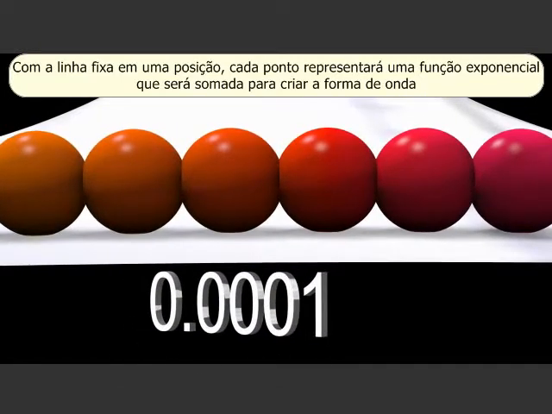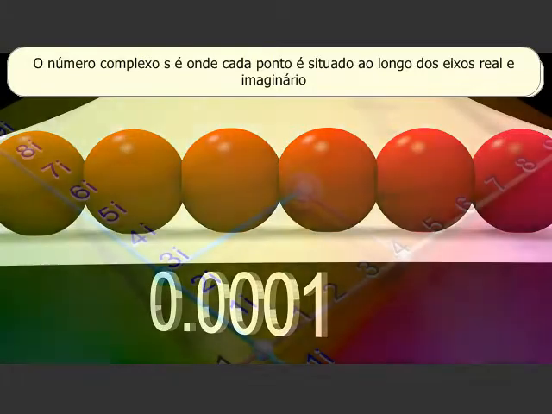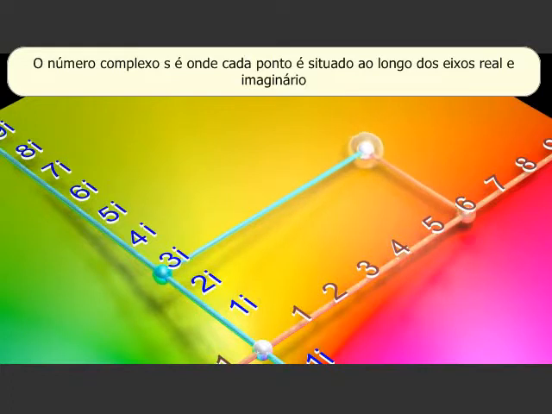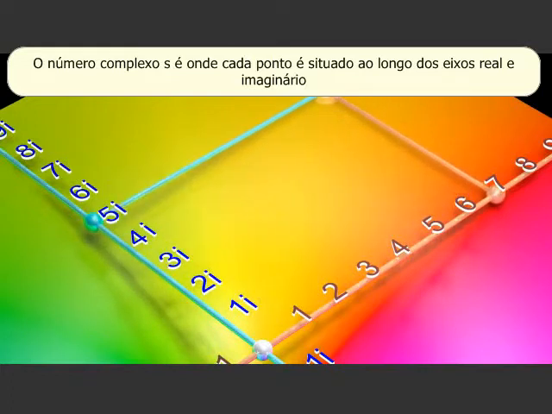With the line fixed at one location, each of these points represents one of the exponential functions that we're going to add together to create our waveform. The complex number s is where each point is located along the real and imaginary axes.